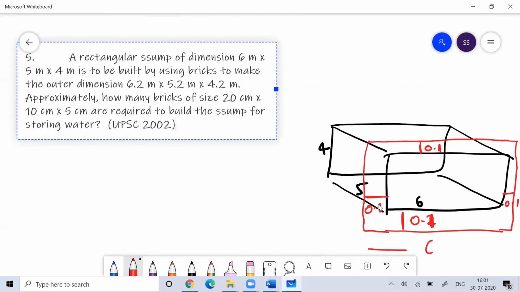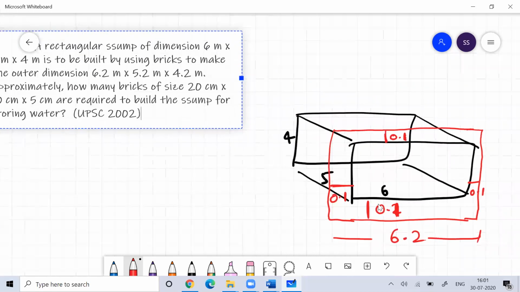So this becomes 6.2. Fine. Now this height is also the same. So this is 0.1, 0.1. This was 4, so with 0.1 and 0.1 it becomes 4.2. Fine.